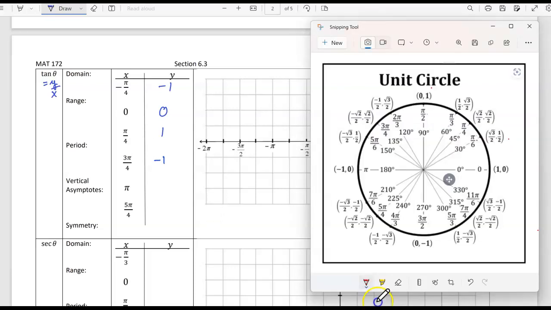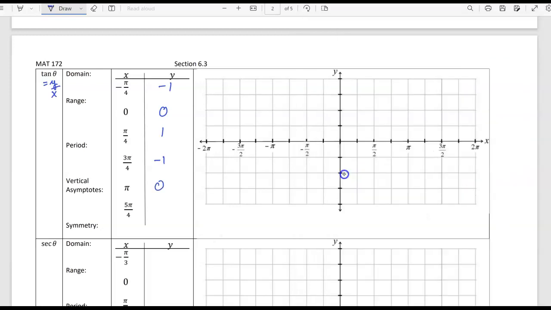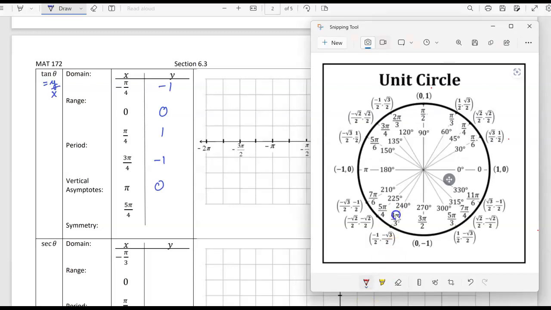Tangent of pi, y over x, 0 over -1 is 0. And then 5 pi over 4, negative square root of 2 over 2 divided by negative square root of 2 over 2 is a +1.